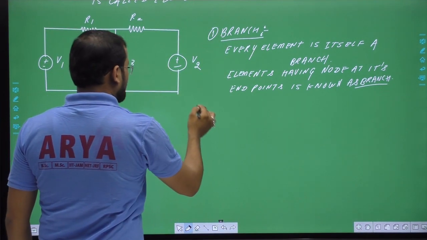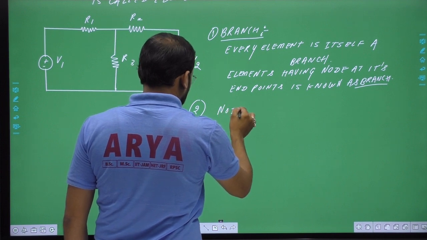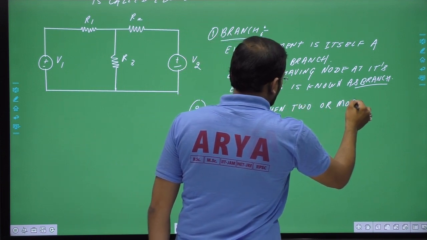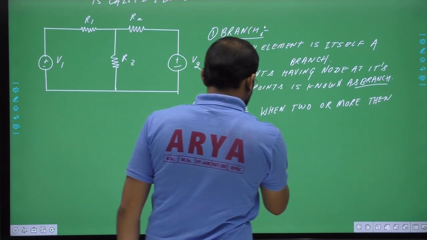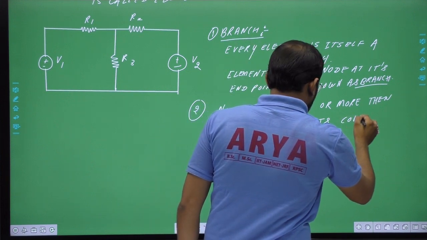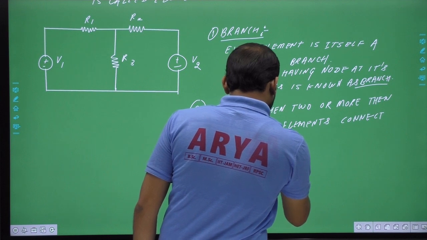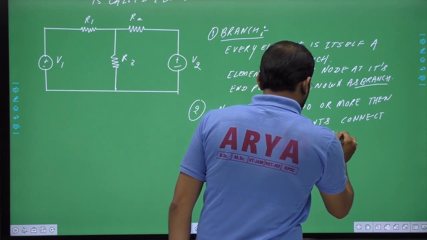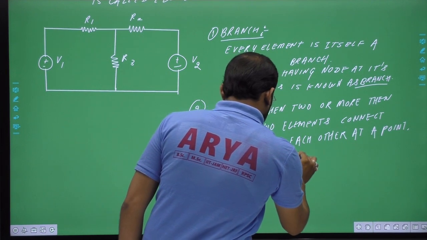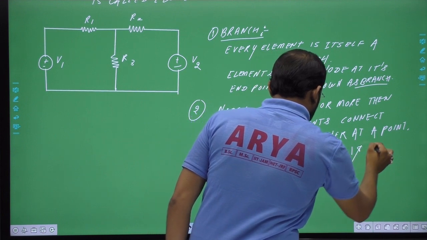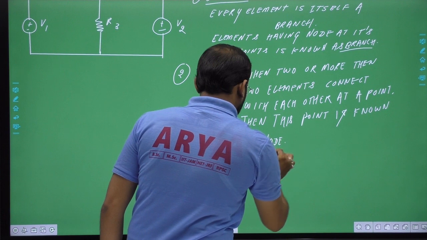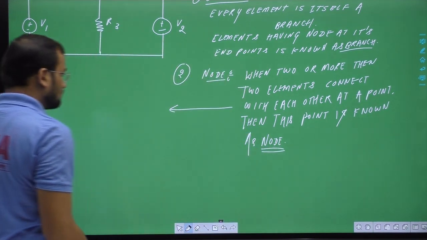And second is node. When two or more than two elements connect with each other at a point, then this point is known as a node. Generally a node is divided into two parts.